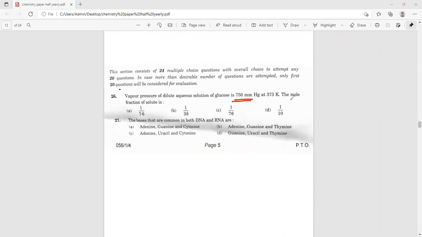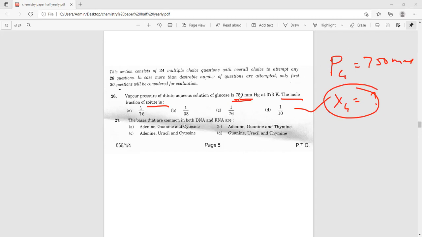Okay, so the mole fraction of solute is, look, vapor pressure of the dilute solution, which one is given. The vapor pressure of the solution is P, and the dilute solution of glucose means Ps is equal to 750 mm, and the mole fraction of solute, glucose, is what? So what is the relationship between these two?